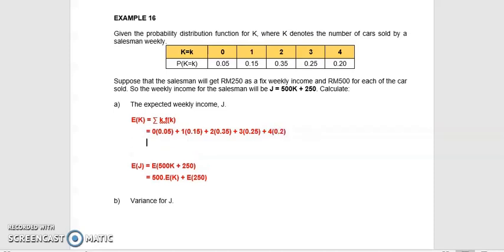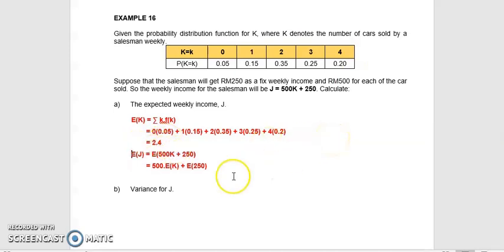So expected of K equals 2.4. Once we get the value of expected of K, you substitute into the income: 500 multiplied by expected of K, 2.4, plus expected of 250, which is 250. Expected of a constant is the constant. So the weekly income will be 1450.